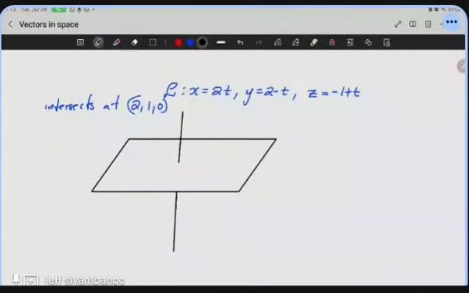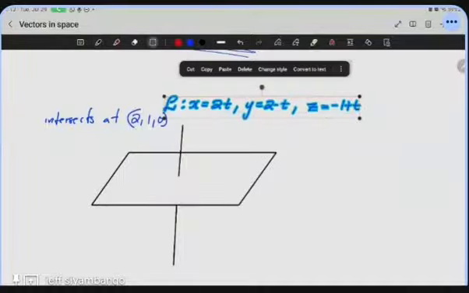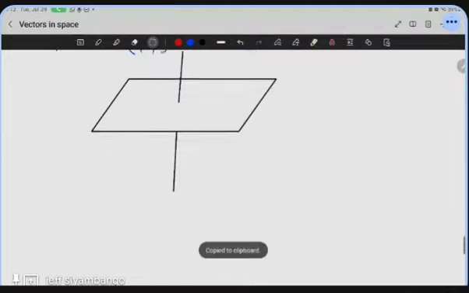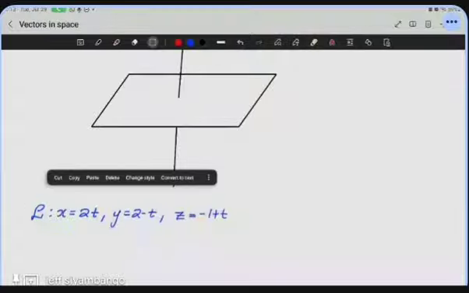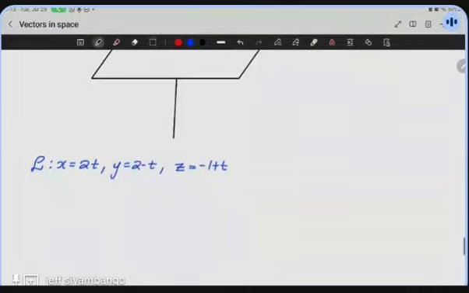What do we see? Since we're given the expression for the line, we can easily determine the vector that points in the direction of the line. What we're given are parametric equations of the line. In vector form, this line would be (x, y, z) equals a point on the line.